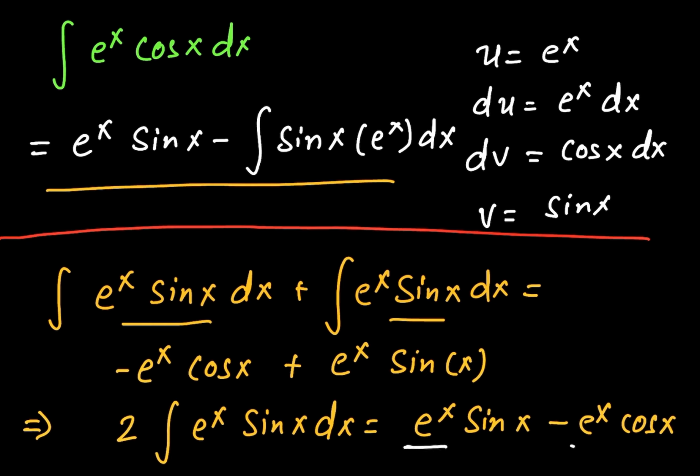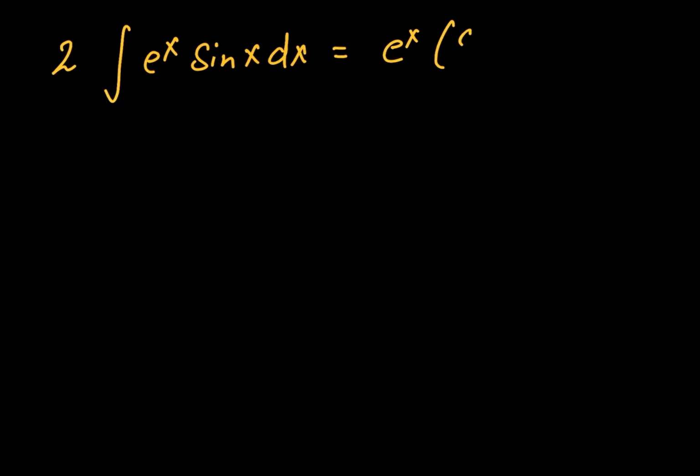Here e to the power x is common, and we will be simultaneously dividing this onto the RHS. So we will have 2 times the integral of e to the power x sine x dx. On the right hand side, we will have e to the power x in brackets sine x minus cos x. We're dividing both sides.